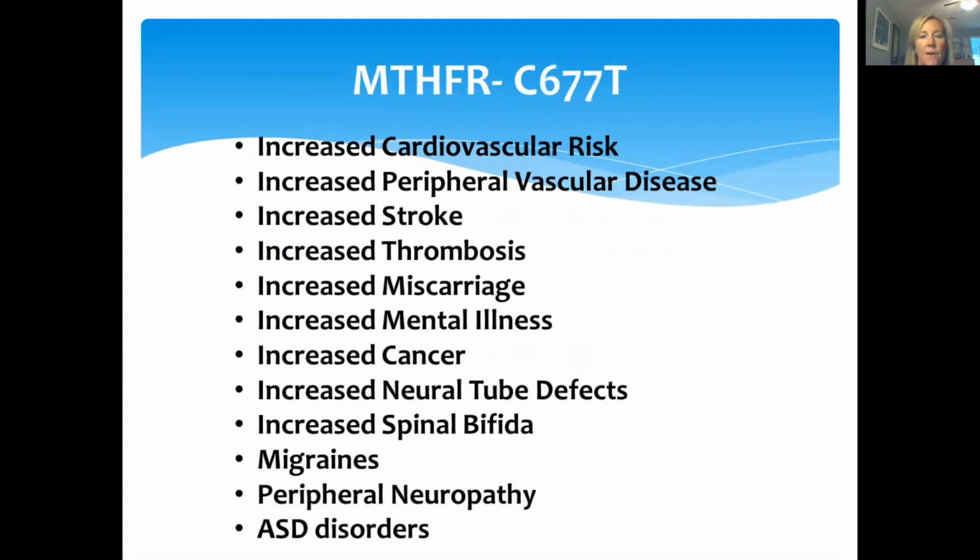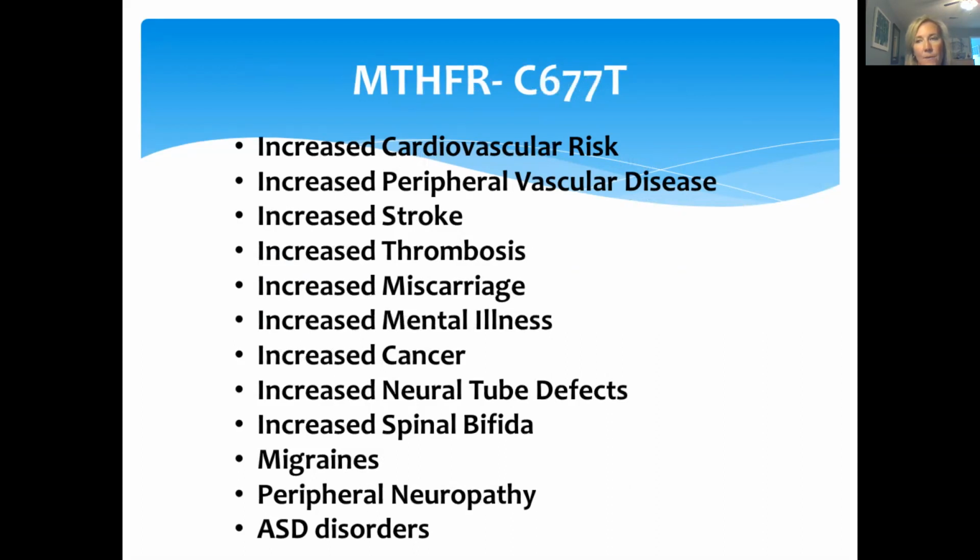The top 5 there seem to be unique to this gene. However, the rest of these, I find that they're present in both of them. And if people have a C and an A gene, they're clearly at risk for everything.